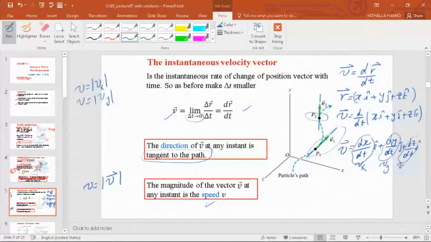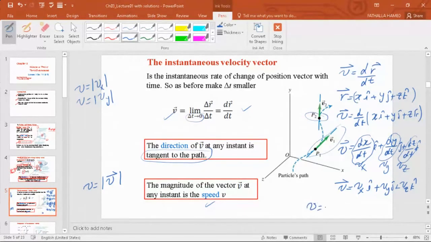This will be vz. So you will write your velocity vector as vx i hat plus vy j hat plus vz k hat. That's your velocity vector.